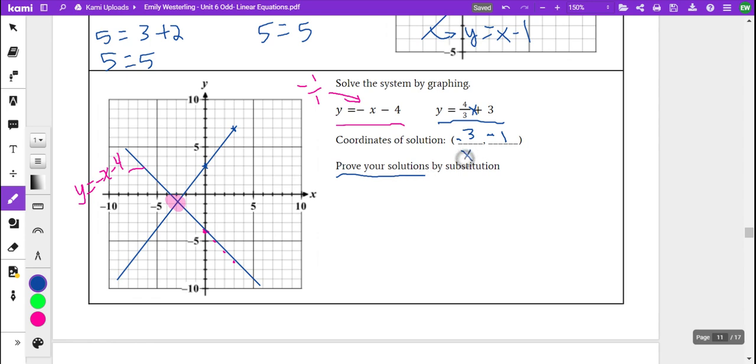So x is -3, y is -1. So for my first equation, -1 should be equal to -3 minus 4. And for my other problem, I've got -1 equals 4/3 times -3 plus 3.